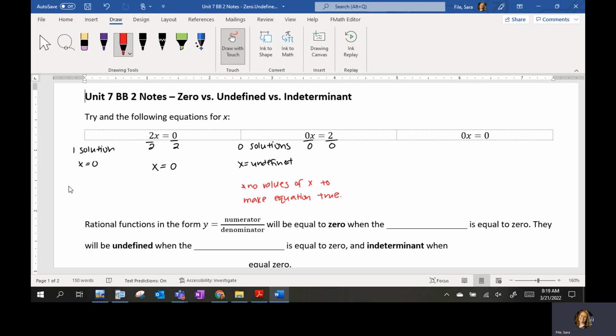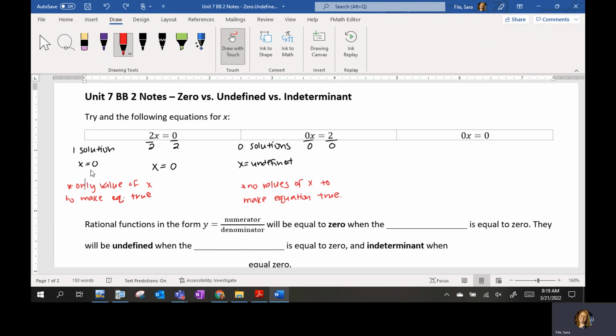I'll put a little side note for what we said over here as well. The only value of x to make this equation true is x equals 0.